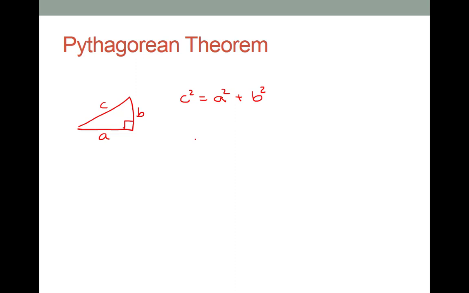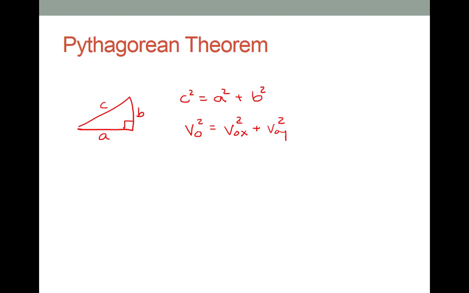Or in other words, using my previous example, v0 squared is going to equal v0x squared plus v0y squared. If I know two of them, if I know v0 and v0x, or v0x and v0y, then I can find the length of the other side, which is really useful.